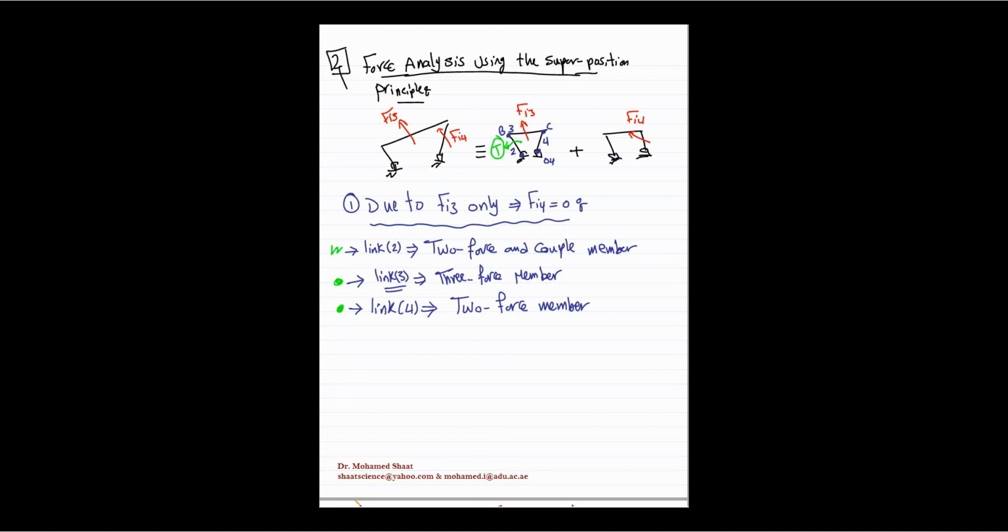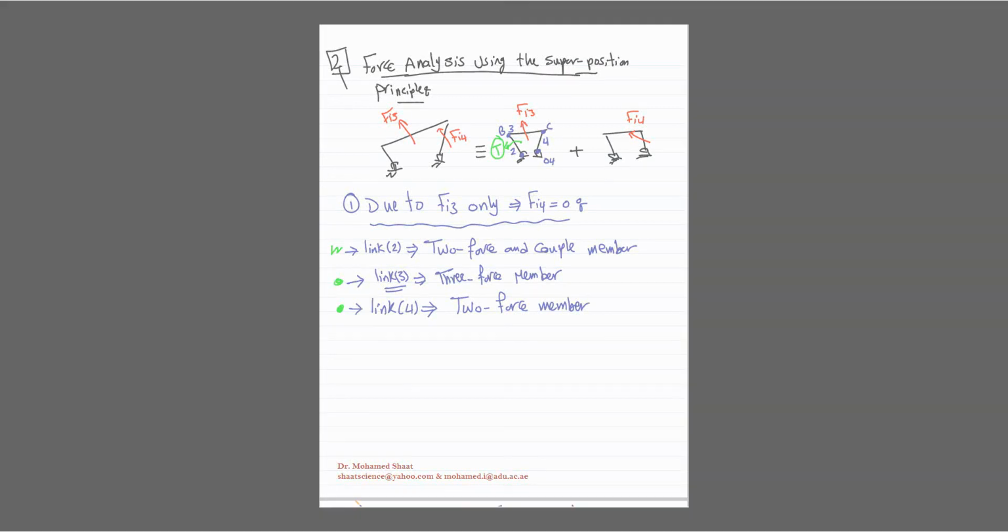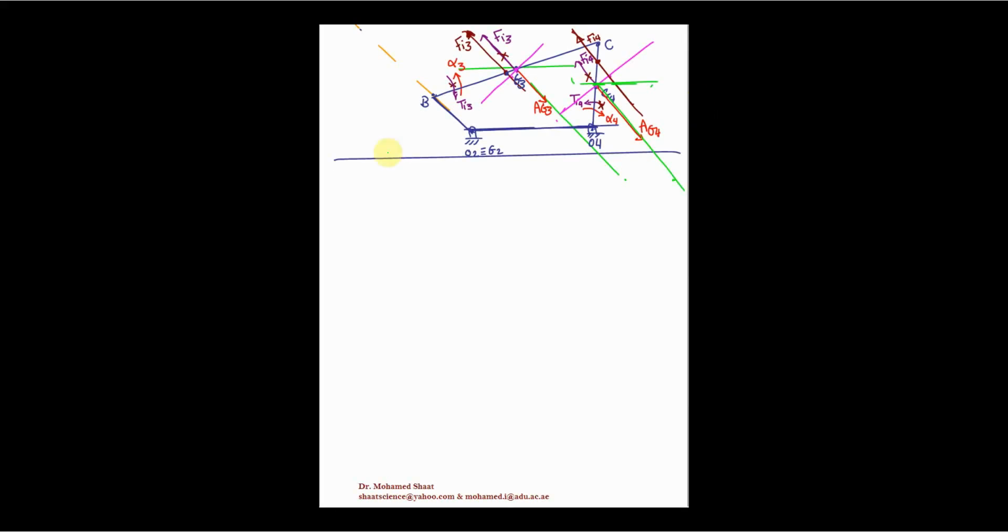Make sense? So now I'm going to move to the drawing sheet. Then we are going to work on the analysis due to Fi3, assuming that Fi4 is 0. Once we finish this one, we are going to repeat again for the second case. Make sense? So now in the drawing sheet, I'm just going to specify a region, an area like part of this drawing sheet.